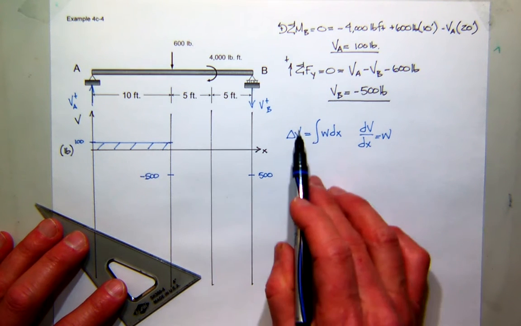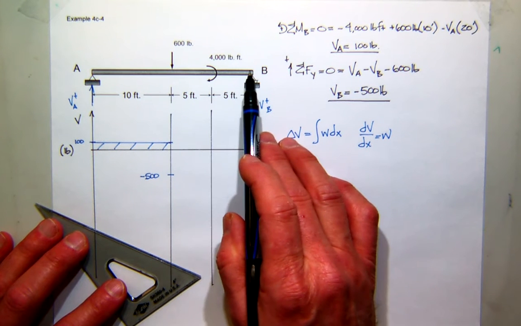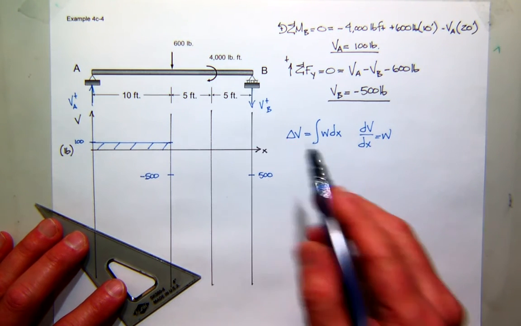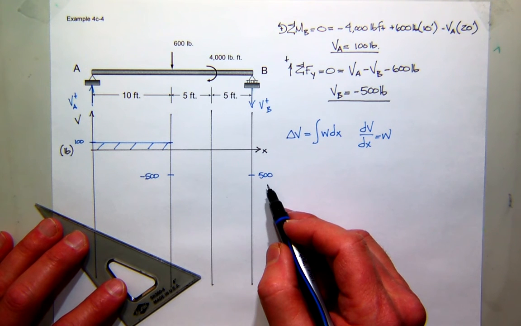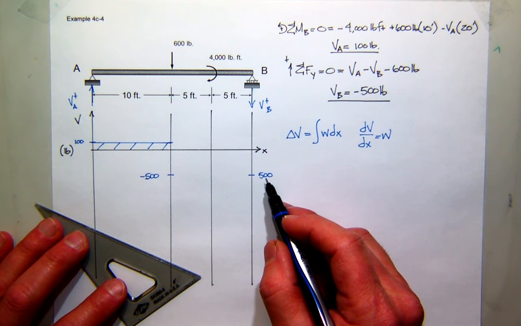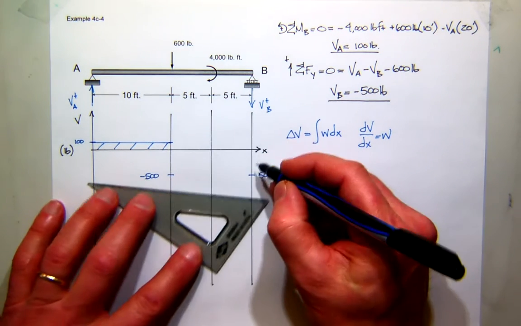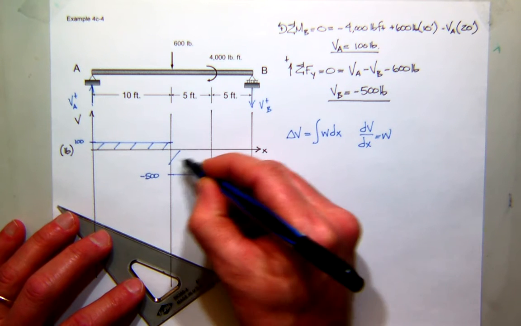The change in shear is equal to the area under the load. What's the load over the last 10 feet? 0. So there's no change. So that's great. Minus 500 plus 0 is minus 500. So that matches. And the slope is the load, and the load is 0. There's my shear diagram.